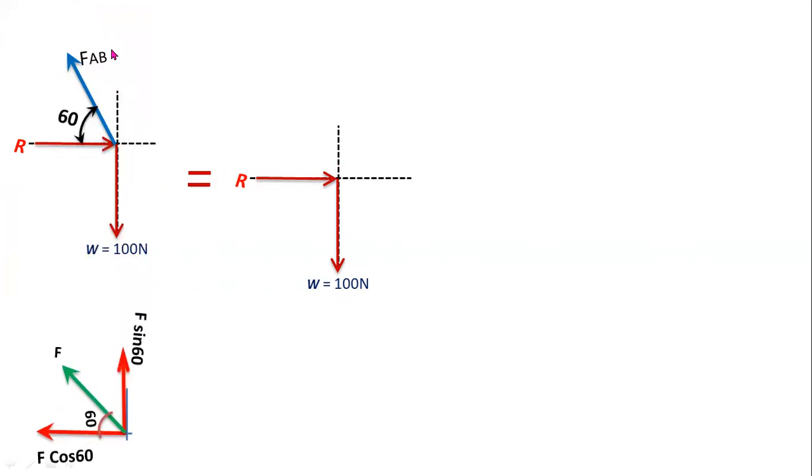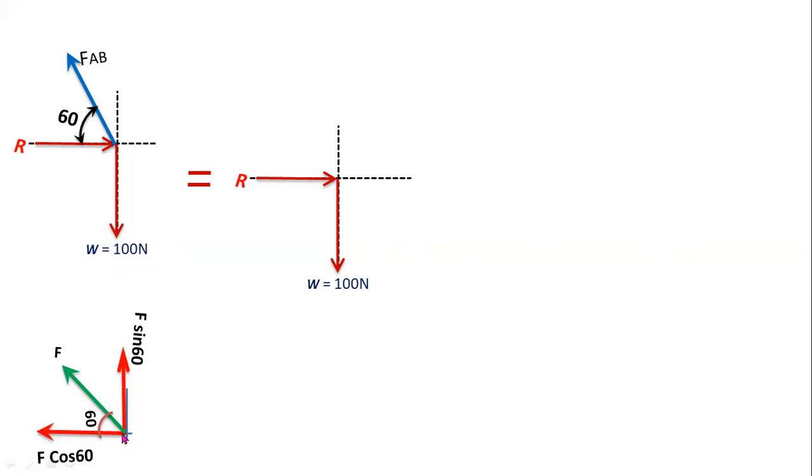This inclined force FAB lies in the second quadrant, and it makes an angle of 60 degrees with respect to the x-axis. Here this is the horizontal force, this is the vertical force: F cos theta, F sin theta. For adjacent sides you consider cos theta, for opposite sides you consider sin theta.